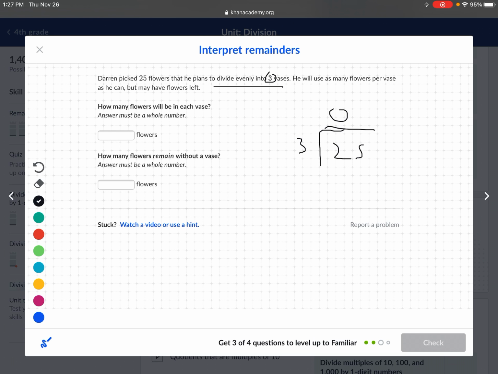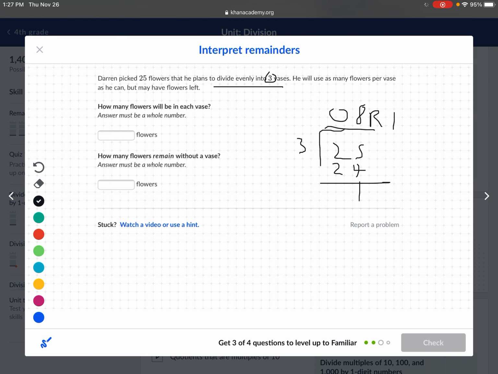3 times 8 is the closest we can get, because 8 is 24. The next multiple would be 9, which is going to be 27. That's definitely not it. So we know that 8 is the correct one. So 24, and 1 left. There is one remainder, because 3 cannot go into 1.